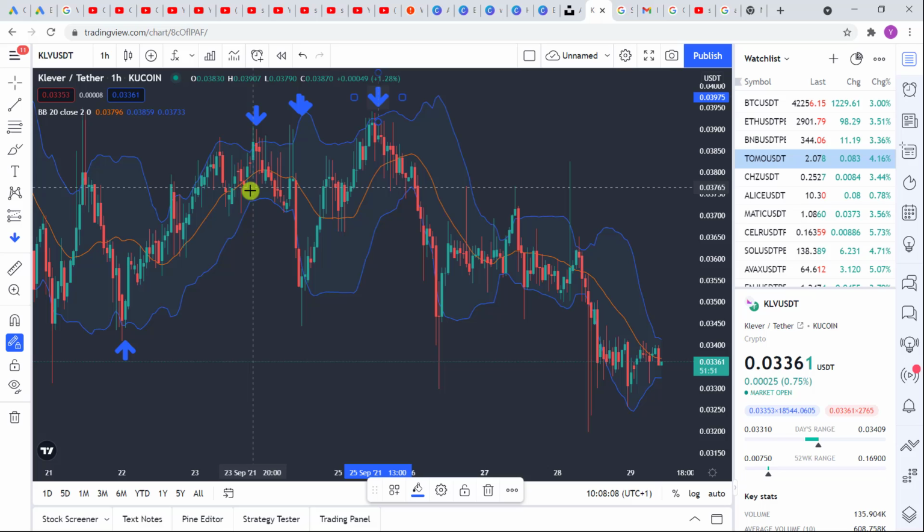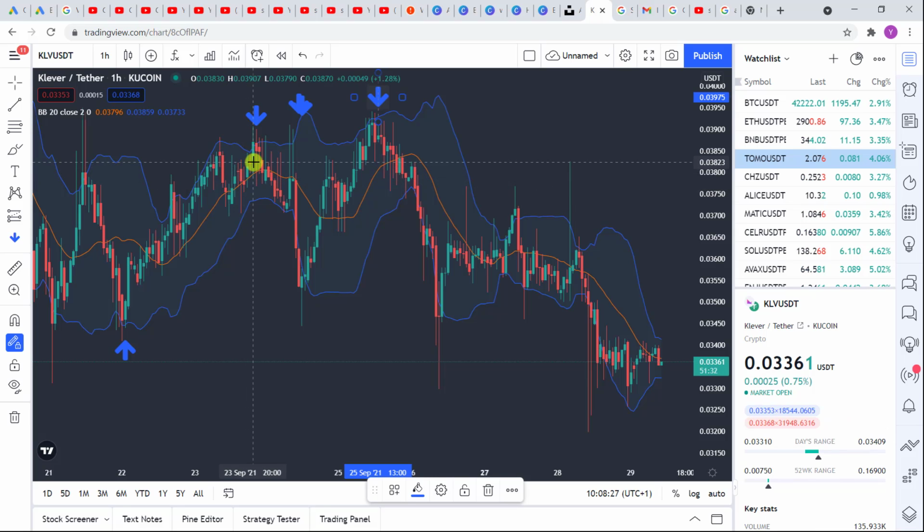So the resistance has started forming from here again, because the middle band was meant to act as a support when the market is in an uptrend, but it was broken at this particular point, and from there it became a resistance. So from there it looked like the market was trying to go up, but since the market closed below the middle band from this point, we should start looking for a short position at that particular point also.